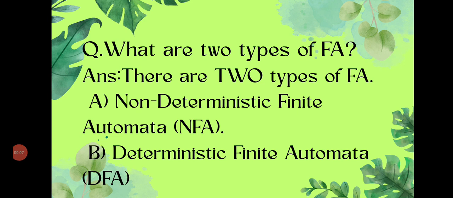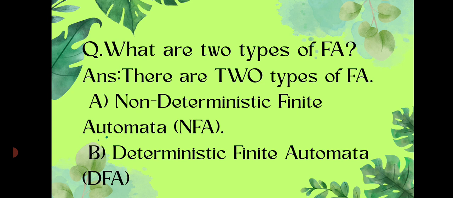Myself, Parminder Kaur, and in this video, I will discuss with you 3 questions. First question is what are the 2 types of FA? This is a Viva question. There are 2 types of FA.